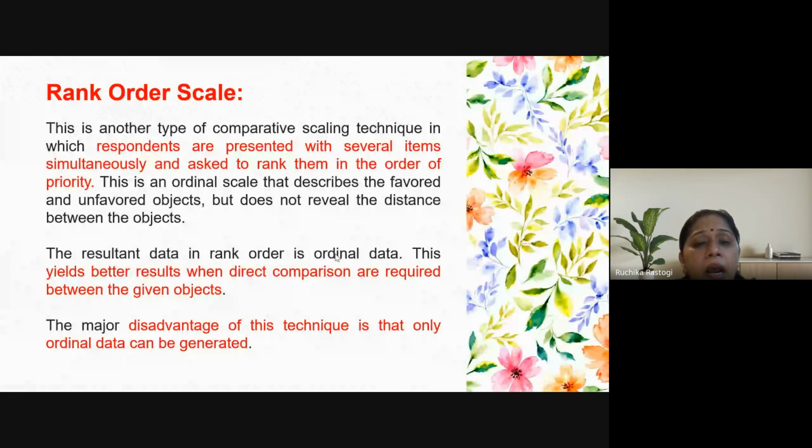For example, if you are about to collect data in an area where there are 10 to 15 districts, and you have to choose which district should be taken in your study, you can conduct a pilot study where the sample could be 200, 300 people, and you can ask them, on the basis of different features of the districts, which district you will put first and which last.